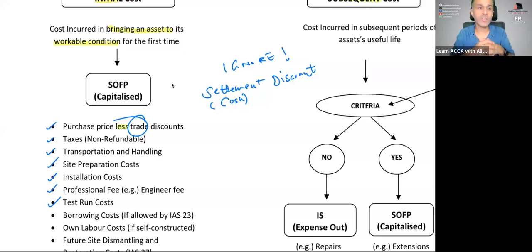I can't take the risk of just starting to work commercially on it. I will definitely have to put this plant on a trial for a week. And obviously my staff needs training to start using that plant. So this trial run cost, test run cost, without incurring this cost, you still cannot make use of that plant commercially. So test run cost will even be capitalized.